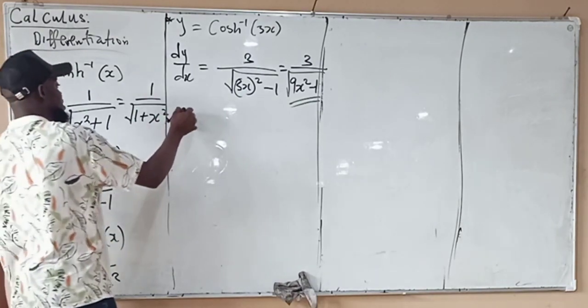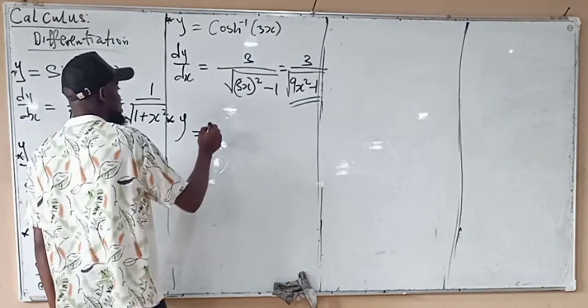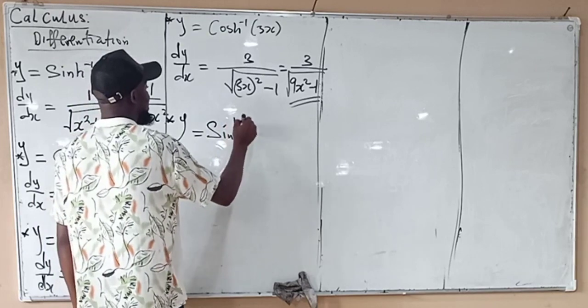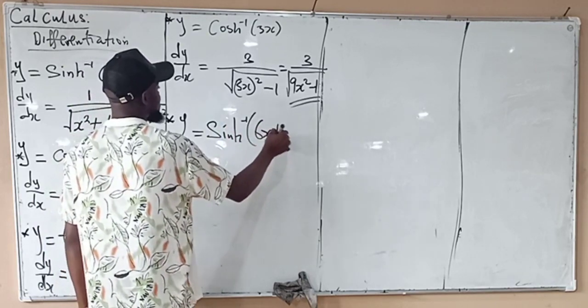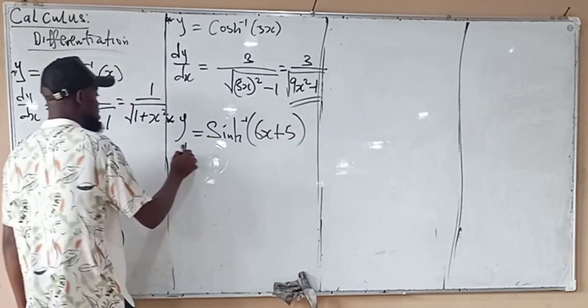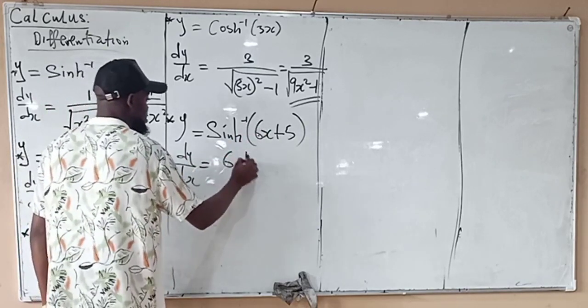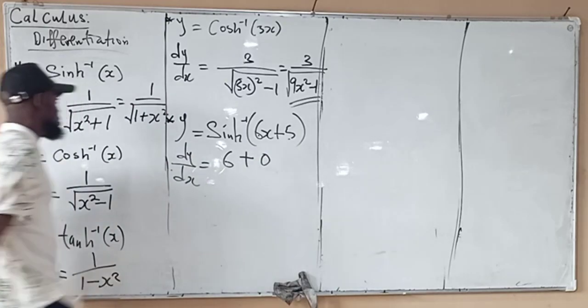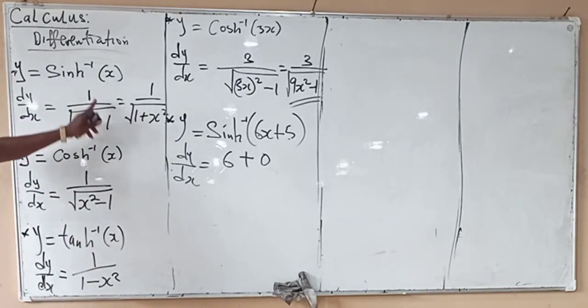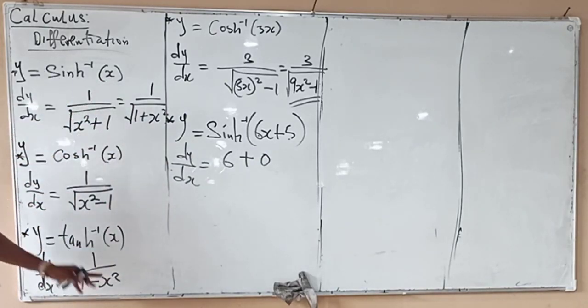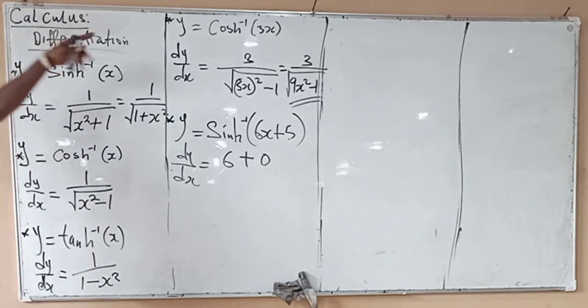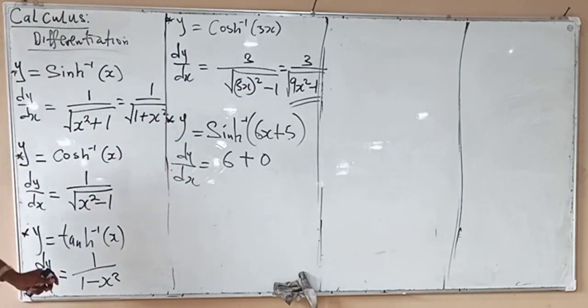And let's look at if y is equal to sinh inverse of 6x plus 5. Let's do this. dy over dx will be, differentiate 6x, we have 6. Differentiate 5, we have 0. Remember the ones inside the denominator are constant, but in the numerator, when you differentiate the angle, you get it. That is the shortcut there.